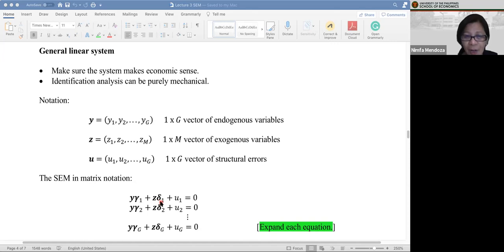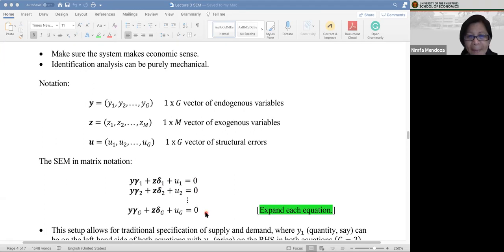Therefore, you have a column vector with M rows, delta sub 1. So if you carry out this multiplication, you get a 1 by 1 term. U sub 1 is 1 by 1, and this 0 is also 1 by 1. This is one form of the simultaneous equation in matrix notation, where I have G equations.